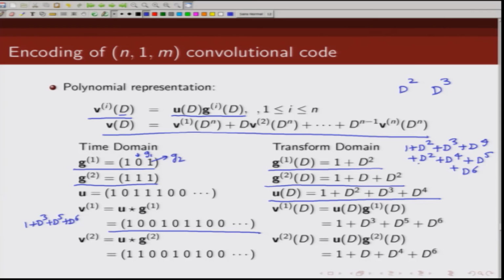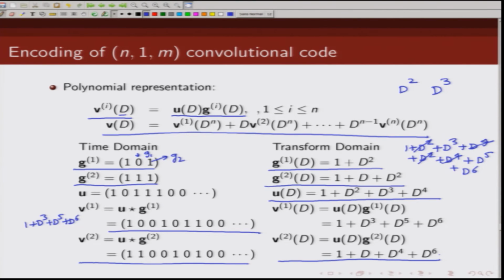So, D square plus D square is 0, D4 plus D4 is 0. So, what we are left with is 1 plus D cube plus D5 plus D6. This is precisely what you get here. Okay. So, you can see basically these two representations are equivalent. Similarly, we can write U2 which is given by this, and you can verify for yourself that U2D is given by this.